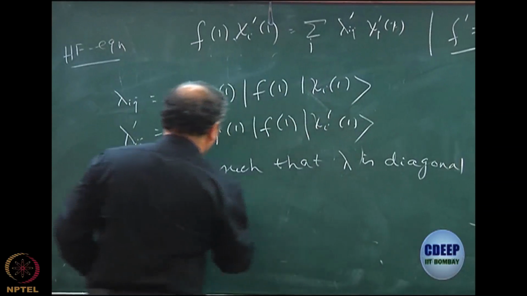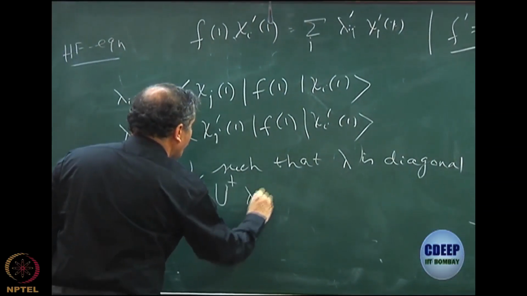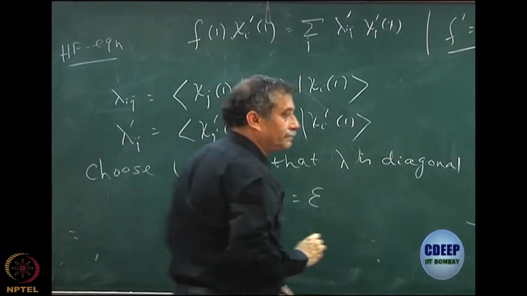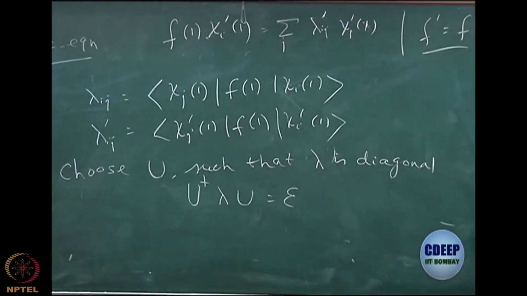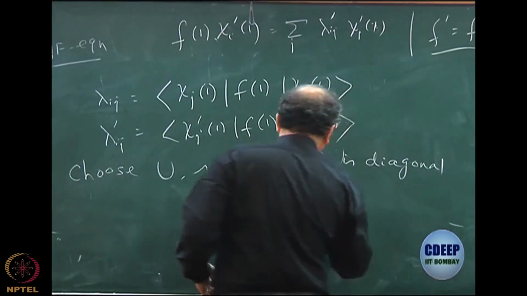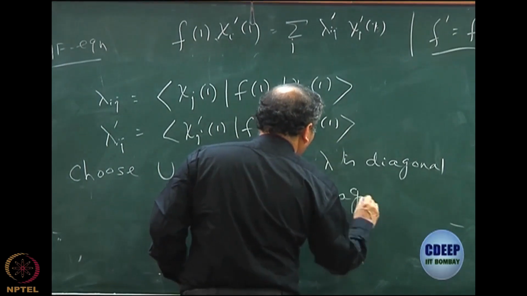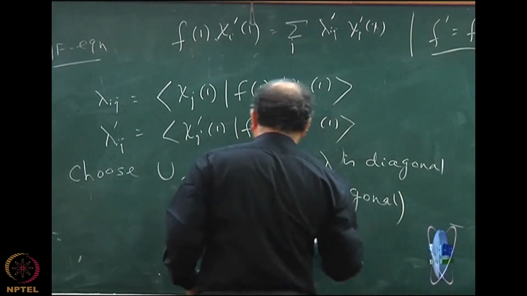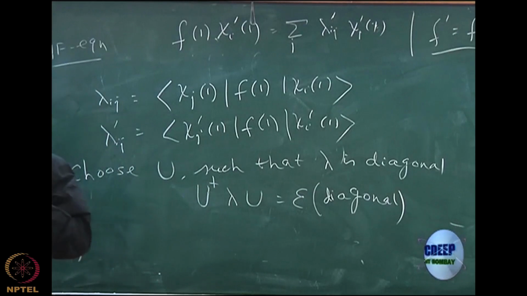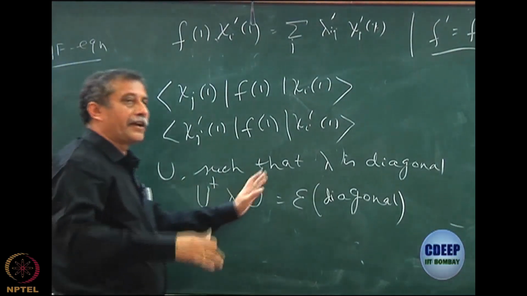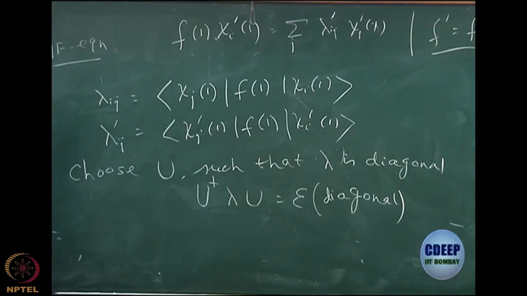Okay? So, something like this, U dagger lambda U is some epsilon, where epsilon is a diagonal matrix. So, this is a diagonal matrix. You can always write U lambda U dagger, it does not matter, whichever way you want to write.